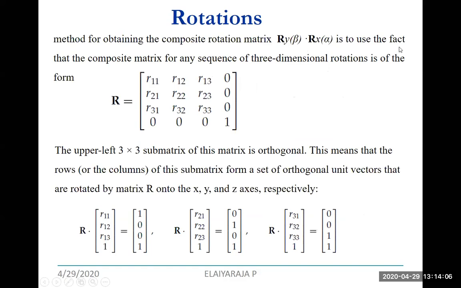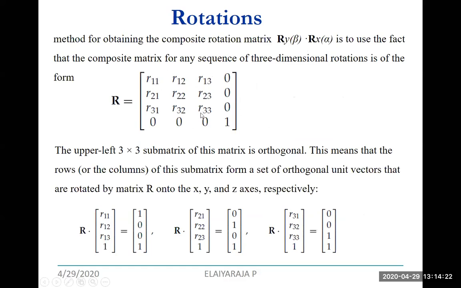The method for obtaining the composite rotation matrix, of y rotation into x rotation, is to use the fact that the composite matrix for any sequence of 3-dimensional rotation is of this form, with first row, second row, and third row.